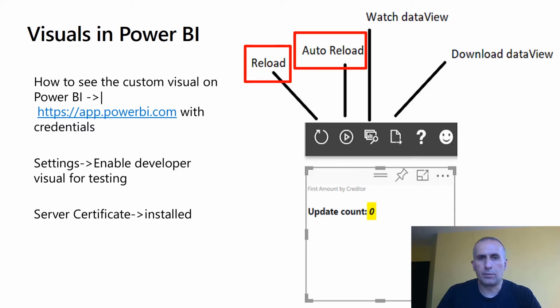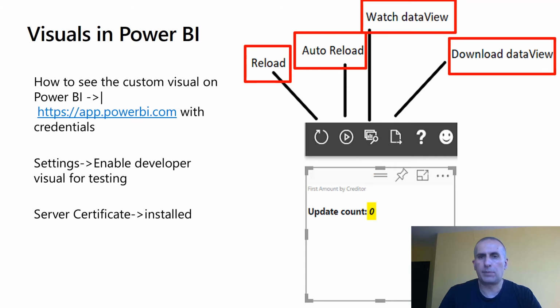It is also possible to watch the data view, to see details about the data structure which is bound to your visual. Usually you can see this as a JSON structure, and it is also possible to download your data view, which can later be analyzed for future use.